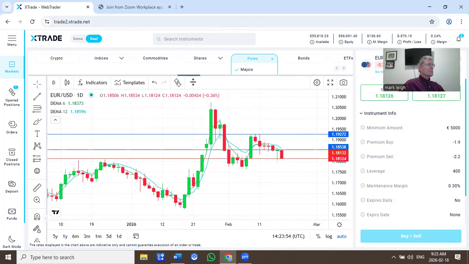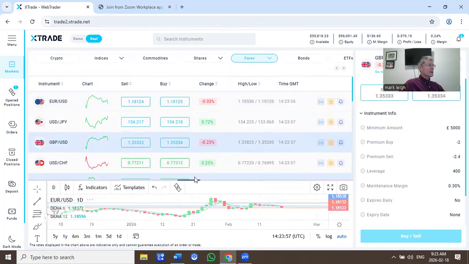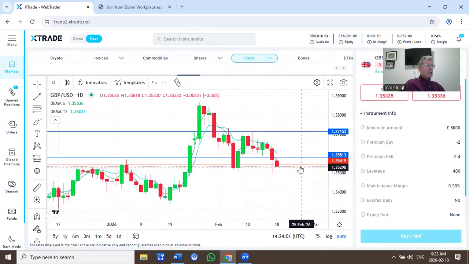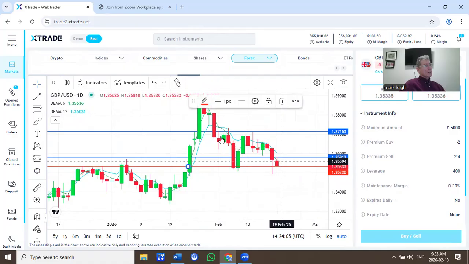Let's have a look at the pound against the US. And there you can see the downtrend continuing, three straight days of lower highs. Red candlestick being formed. I've got resistance at 135.81 and I've got support being tested at 135.33.